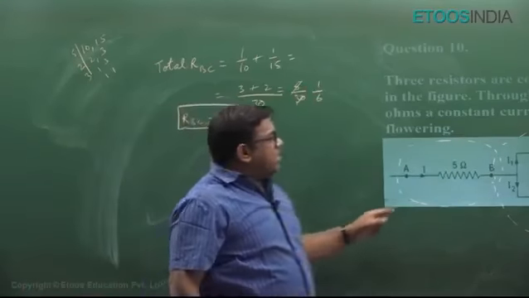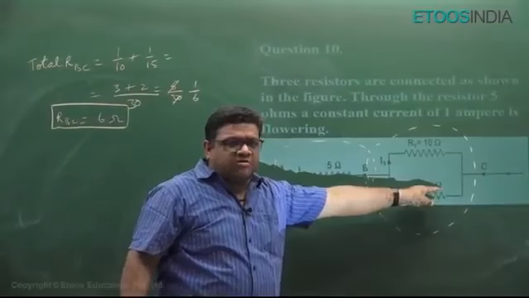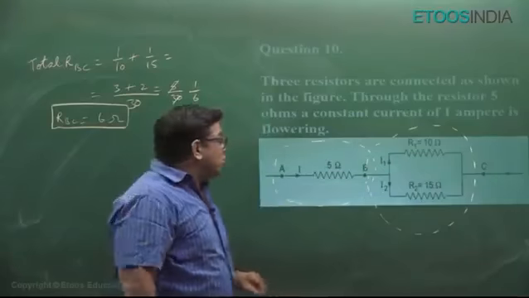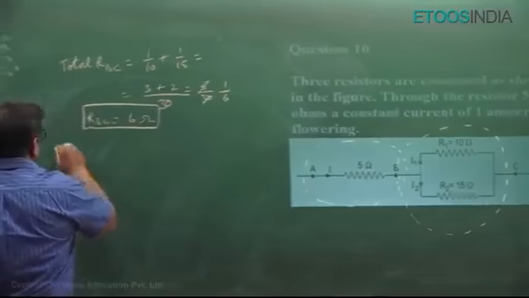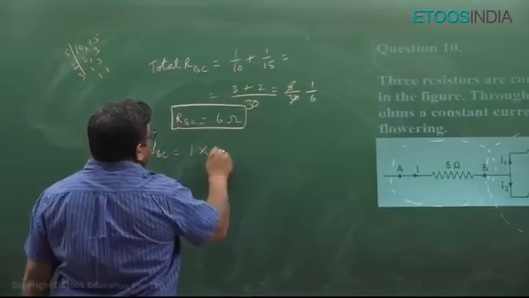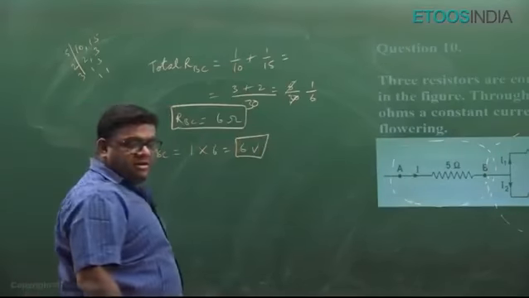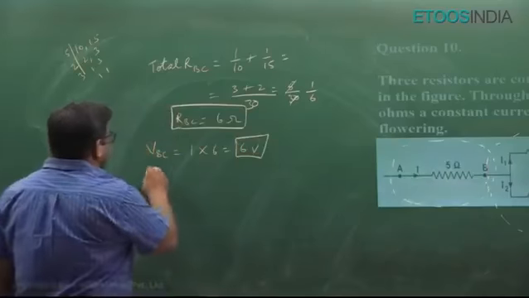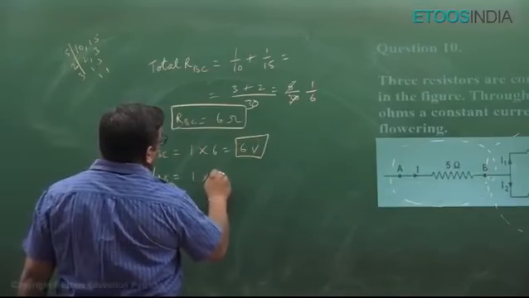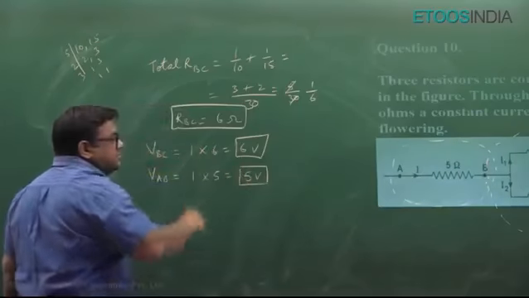Now, since RBC is 6 ohm, and we know the current passing is 1 ampere, the potential difference across BC is 1 into 6, that is 6 volts. Is it clear? And the potential difference across AB is also 1 into 5, that is 5 volts.